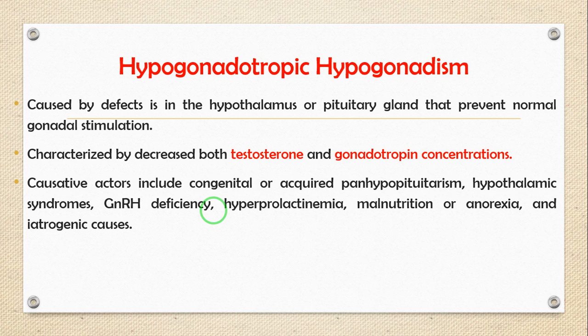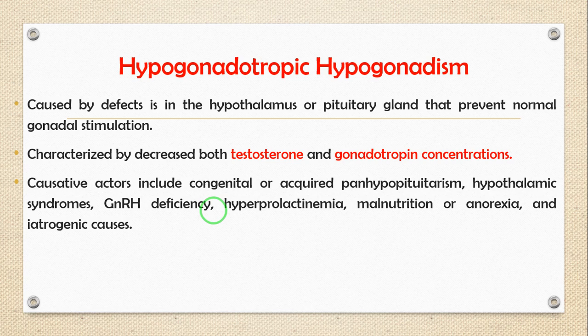In this case of hypogonadotropic hypogonadism, we can know by chemical test, when we find that both the gonadotropins, FSH and LH, and the testosterone are all low. This means that this patient has hypogonadotropic hypogonadism, and the cause is central, either in the pituitary gland or in the hypothalamus.